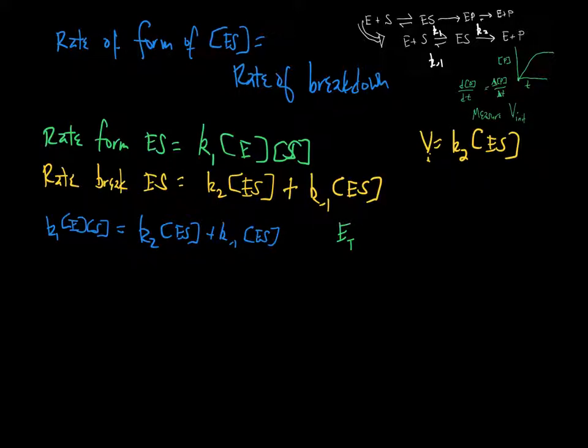Because E total, and these are all concentrations, it's just, in case you can't tell, as time goes on, my brackets disappear, but it's free enzyme plus the concentration of ES. Okay. Alrighty.